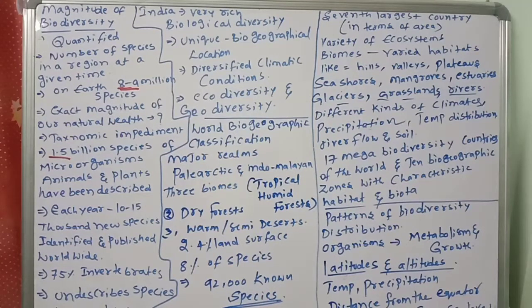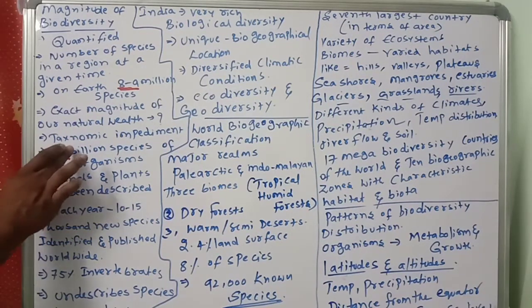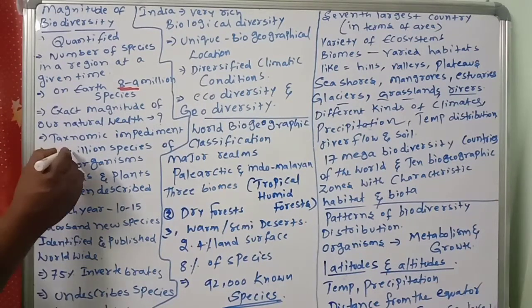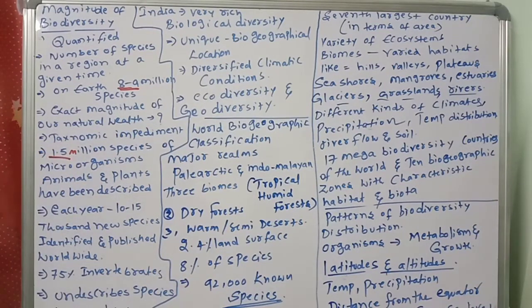So far, about 1.5 million species of microorganisms, animals and plants have been described. Not 1.5 billion, it's a million.